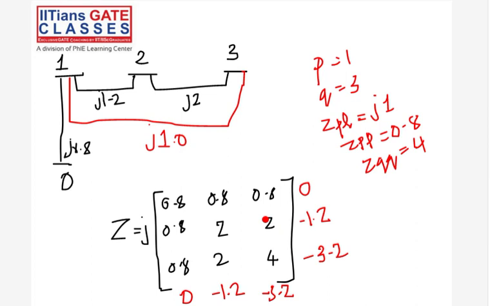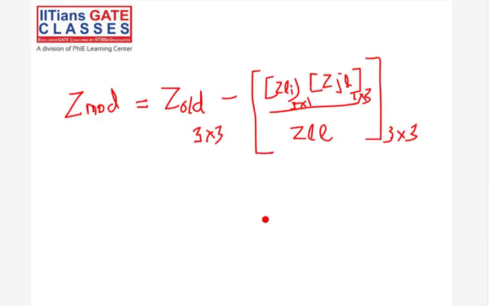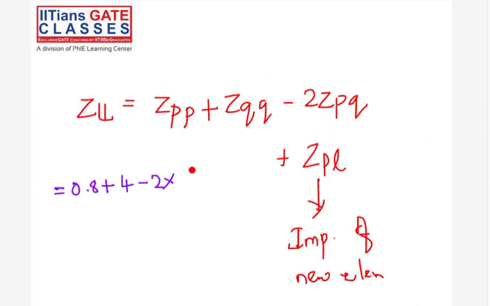Z13 is 0.8, right? 0.8 plus 1, so what would that be? 4 minus 0.8, 5 minus 0.8, right? 5 minus 0.8 is 4.2. Is that correct?